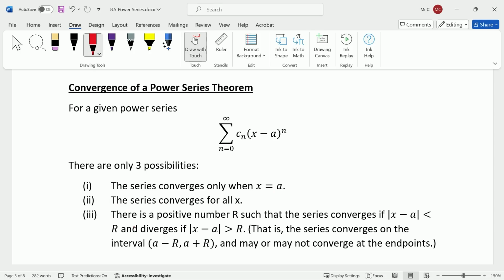Or third, there's a positive number r, the radius of convergence, such that the series converges whenever the absolute value of x minus a is less than r, and diverges whenever the absolute value of x minus a is greater than r. That is, the series converges on the interval a minus r to a plus r, and may or may not converge at the endpoints.